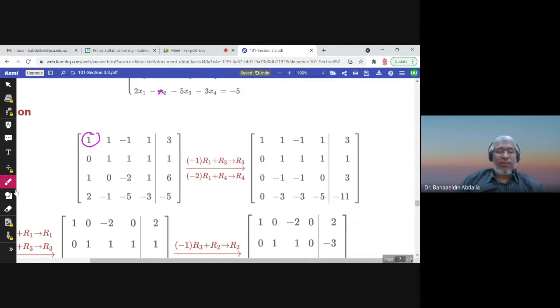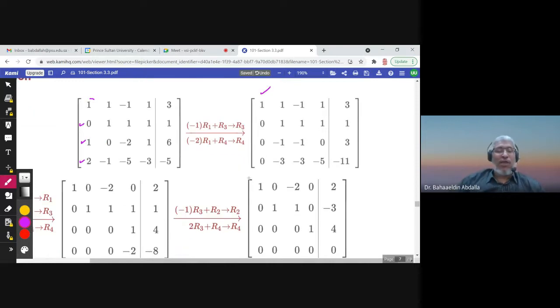It is 1. So we use it to make all of these numbers zeros. This is already 0. I need this to be 0, and I need this to be 0. This is 1, so negative 1 R1 plus R3. This is 2, so negative 2 R1 plus R4. And now I have finished column 1, and all the numbers are zeros. 1 and zeros below. Good.